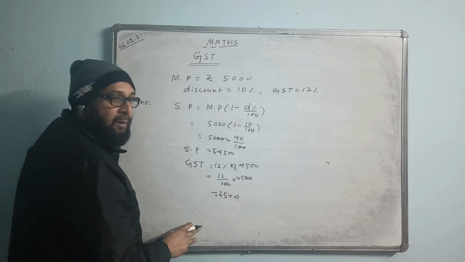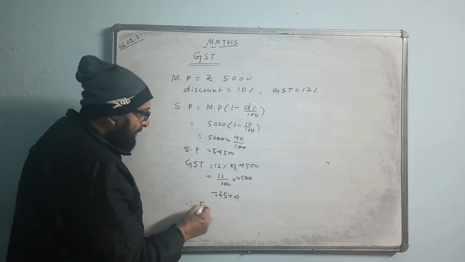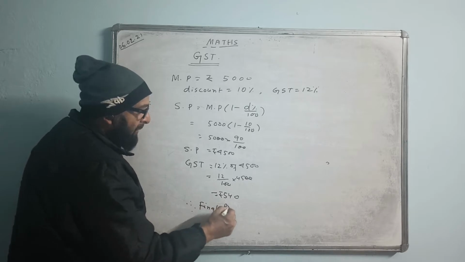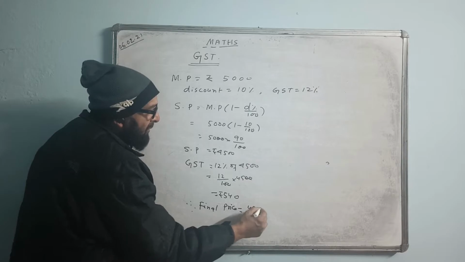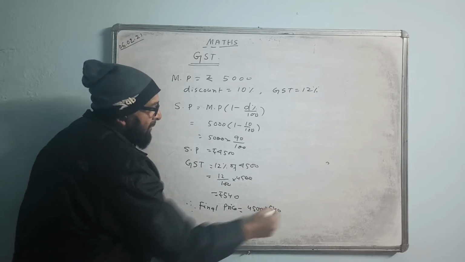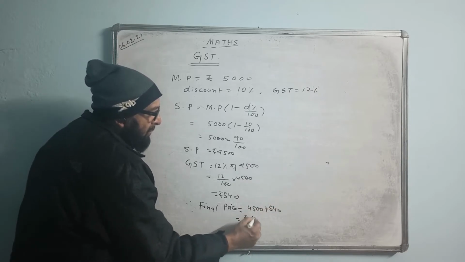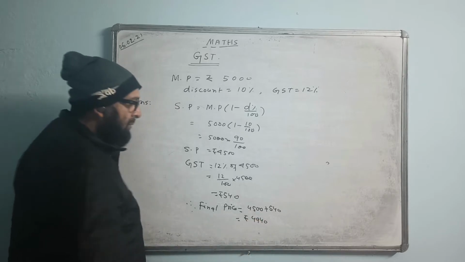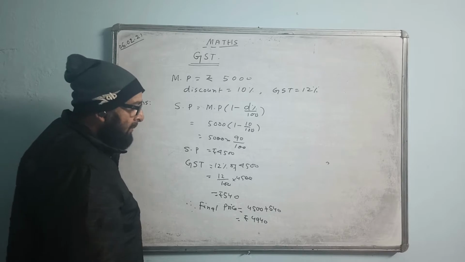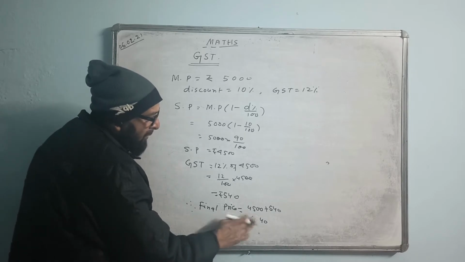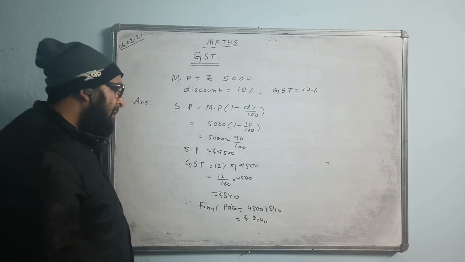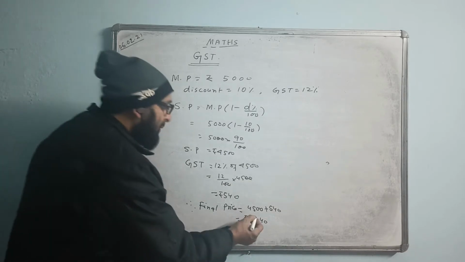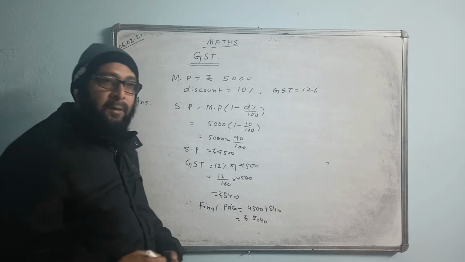So GST is coming 540. Therefore, final price will be equal to this plus this, 4,500 plus 540. That is rupees 5,040. Rupees 5,040 is the answer. Understood?